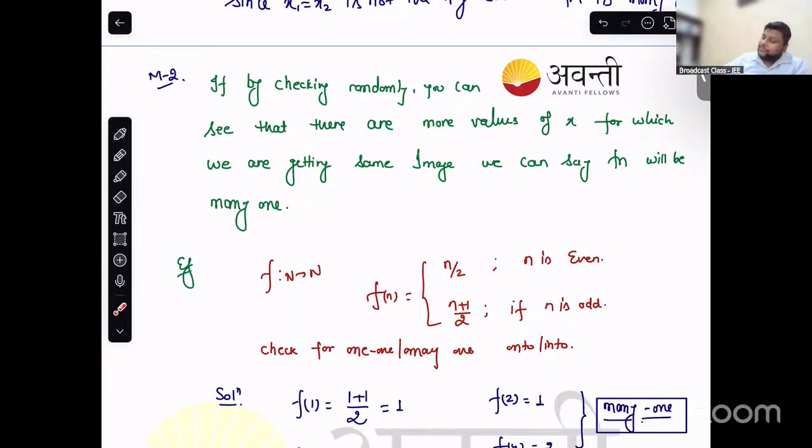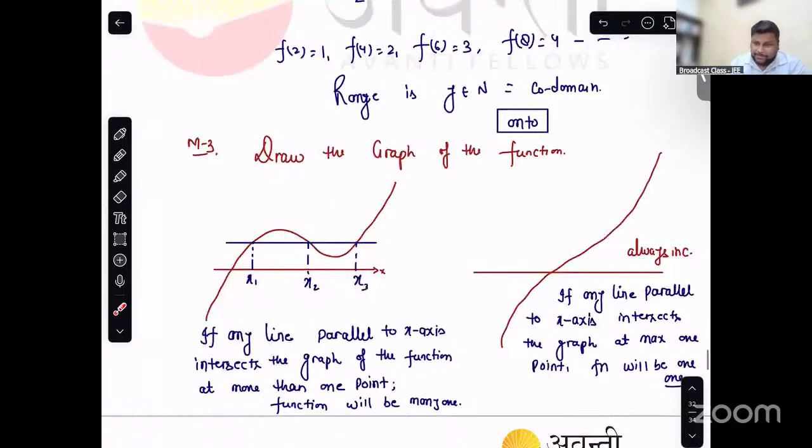Say you have tried for 5 values. All the 5 values you are receiving different outputs. Getting my point? You place 5 values in the function and at all the 5 values, you are receiving different outputs. That means what? Since the function is defined for infinite number of values and you cannot check for all of them, you directly cannot say it is 1-1. But yes, if I got same image for any two elements, which is very simple, then we can directly say it is many-one. Then an example.